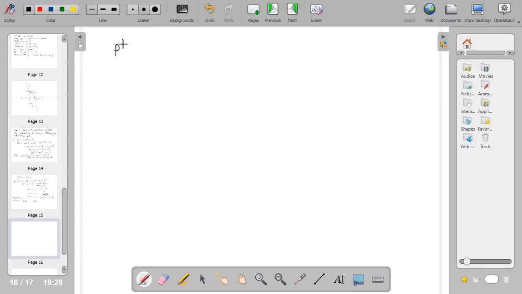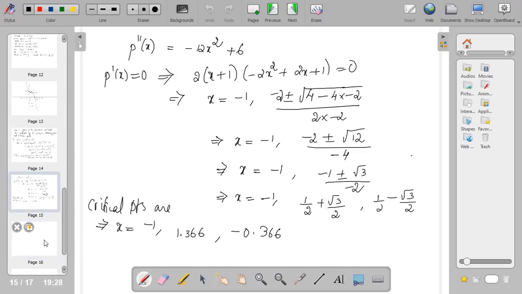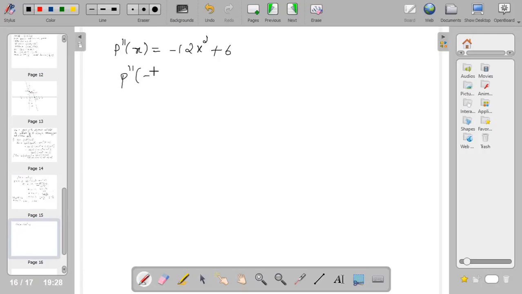So p double dash of x is equal to minus 12x square plus 6, and you need to check it. First, p double dash of minus 1 is less than 0. Again p double dash of 1.366, the first term will be bigger, but that will be less than 0, and p double dash of minus 0.366 is going to be greater than 0.